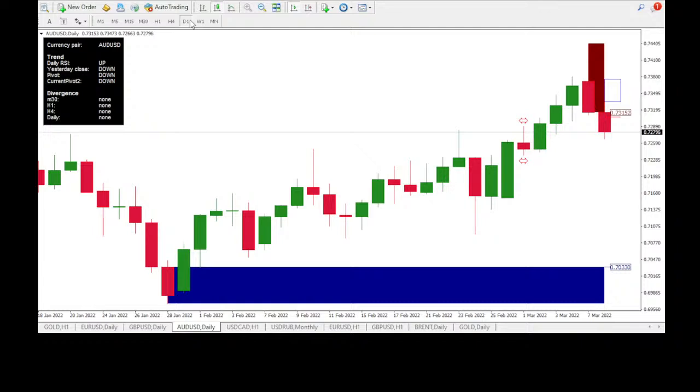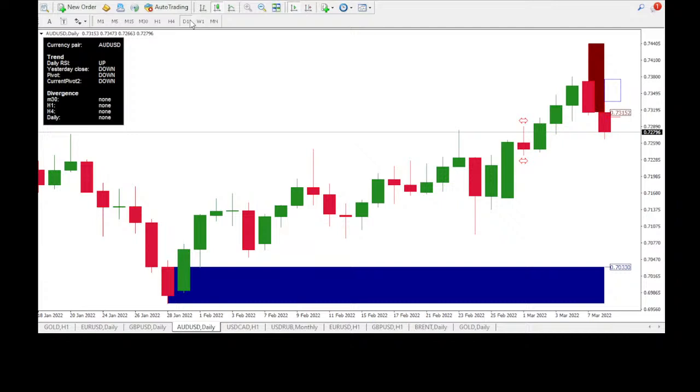Australia, New Zealand, and Canada are among the biggest exporters in the world, and they export a lot of oil and various important commodities. Because of that, when we talk about these three currency pairs, we talk in that way.